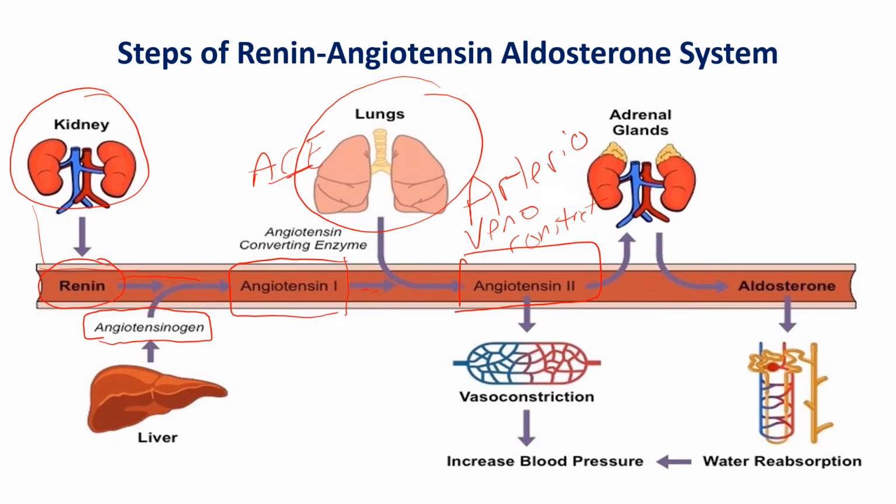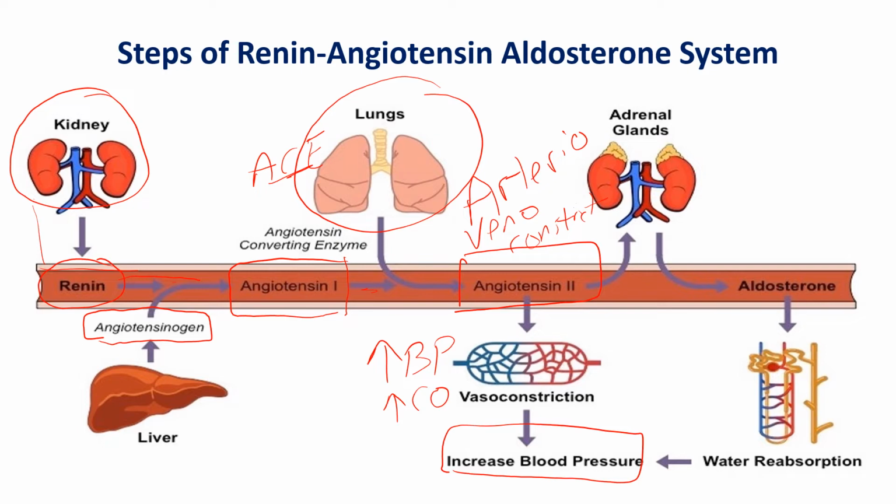So when you are constricting blood vessel, you are increasing blood pressure. You're increasing cardiac output, you can say. Same thing. So here you are, vasoconstriction, increasing blood pressure. This is normal physiology, by the way. This is not pathophysiology. This is normal physiology.